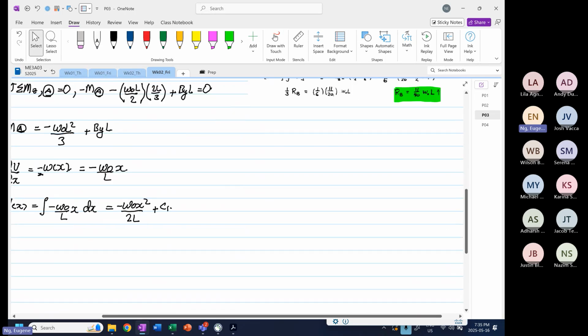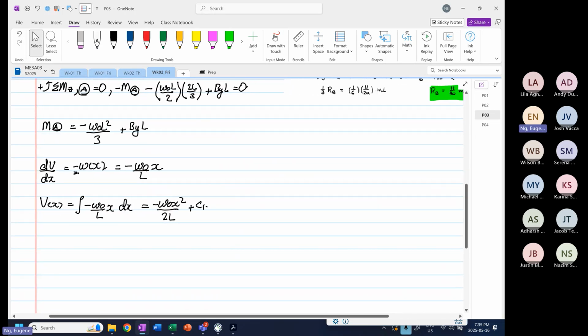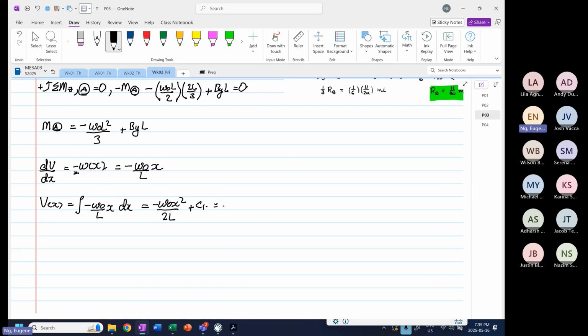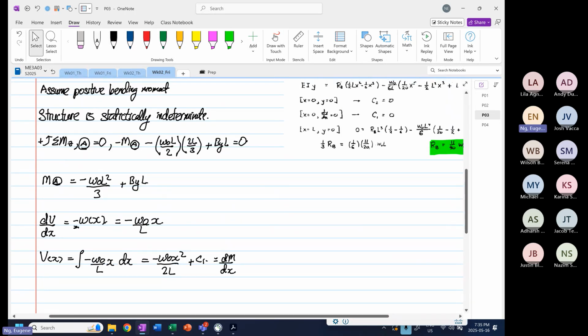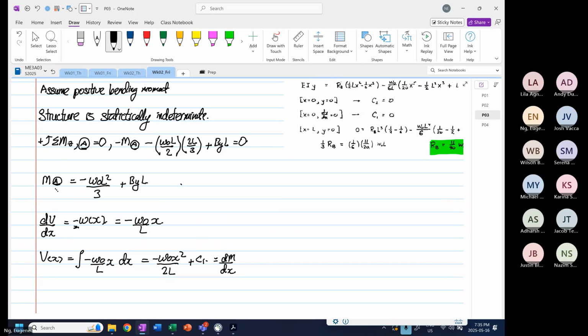So from here, the next thing we do, and we know, right? This will be equal to dM over dx. Okay. So now, what happened now is when we found that M at point A, x is equal to 0, we found a moment acting on the beam.